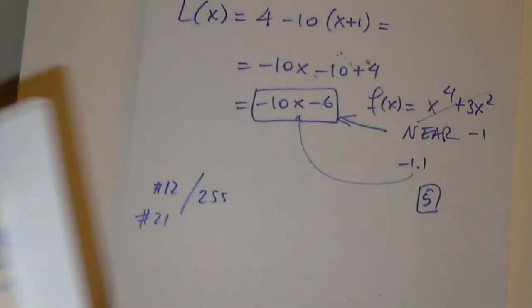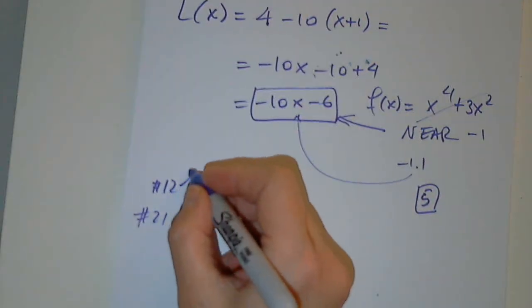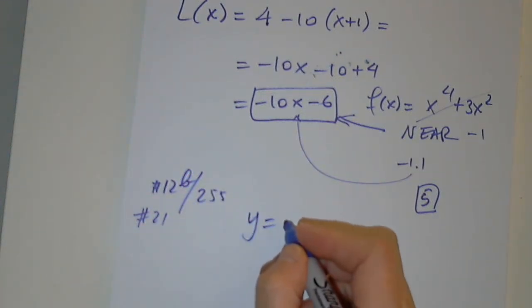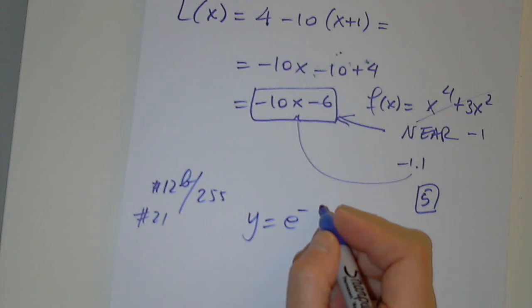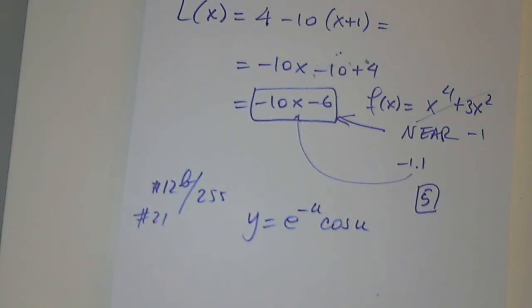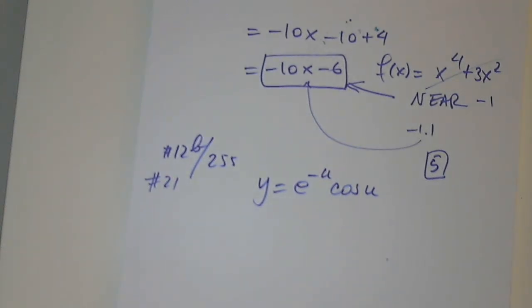B. Perfect. Okay, so this is 12b, and we have y equals e to the negative u cosine u. I think that's correct. Good. So remember, there are two different situations.